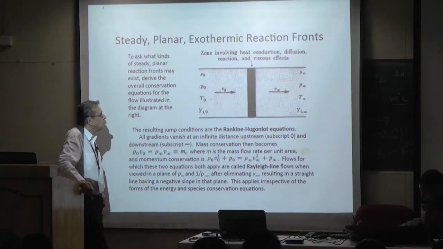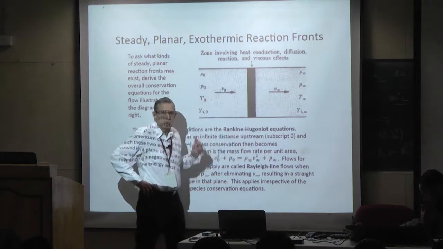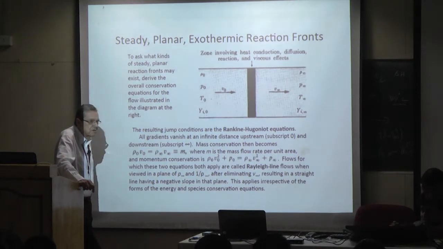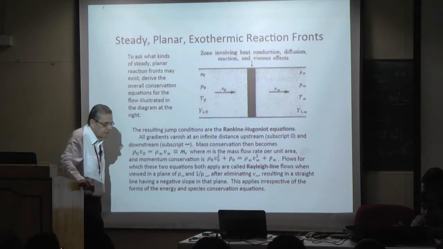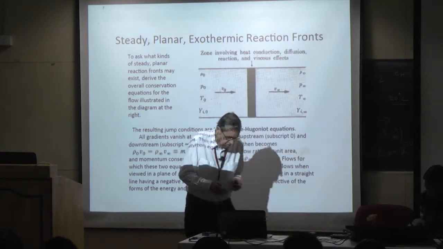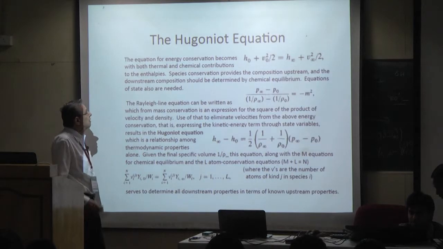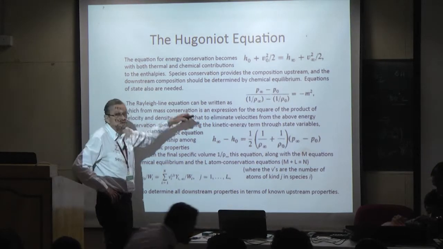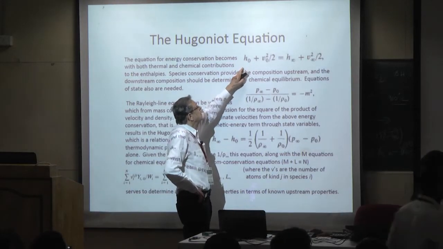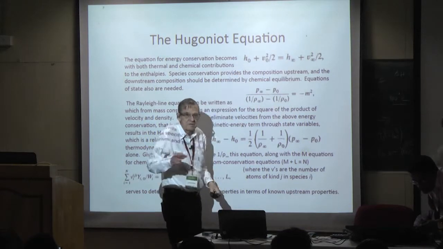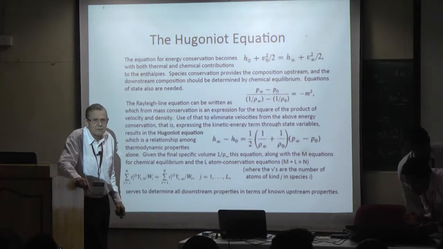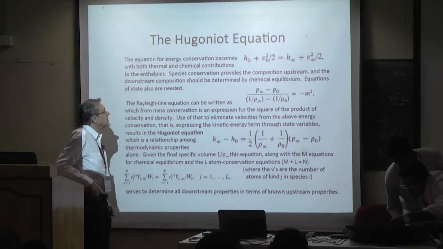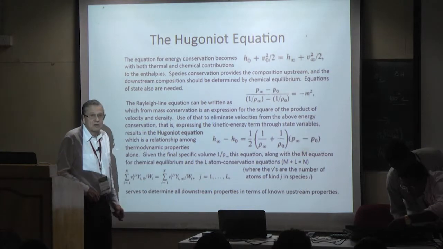Now, it's helpful in looking at relationships between downstream and upstream conditions to be able to look at an equation that involves only the thermodynamic properties. Using conservation of energy, it's possible to get velocity out of the equations completely and get just a relationship between thermodynamic properties to draw in a PV diagram.